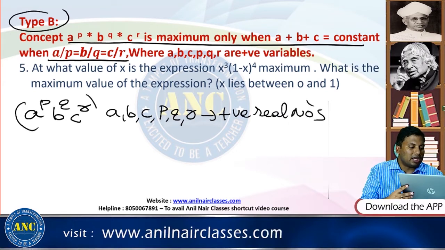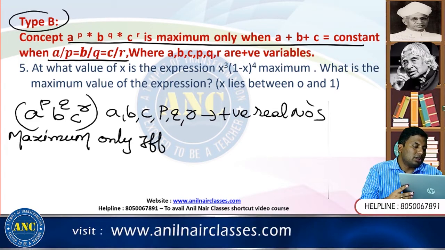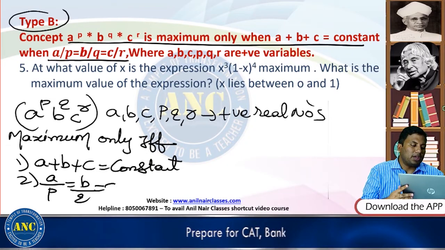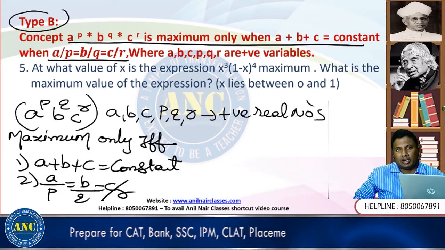This entire expression is maximum only if the sum of the bases is constant, a plus b plus c is constant, and the base to the power is also same: A by P equal to B by Q equal to C by R. Extremely important concept.